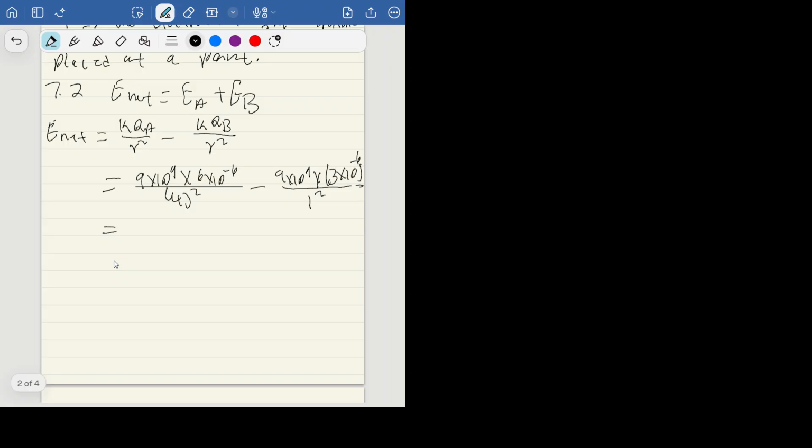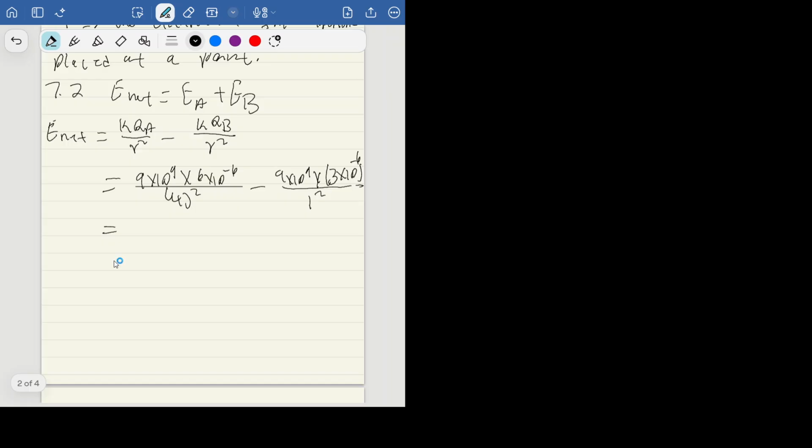So it's going to be 9 multiplied by 10 exponent of 9 times 6, okay, times 10 exponent minus 6, everything divided by 4 squared, minus fraction 9 times 10 exponent of 9, times 3 times 10 exponent minus 6 over 1.